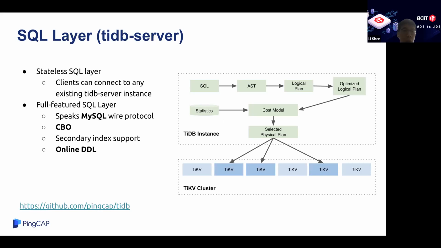We built our own cost-based optimizer in the SQL layer that can handle not only OLTP queries but also complex OLAP queries. We support features like secondary index and online DDL.